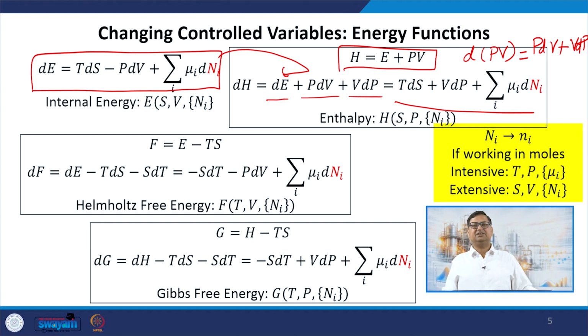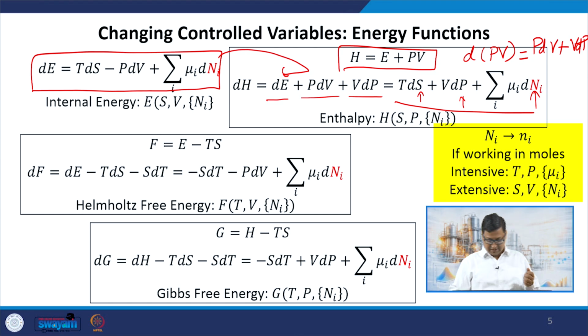And what has happened here? Now, the independent variables are entropy, pressure and number of molecules. Volume is no longer an independent variable here. Now, the pressure is an independent variable. That means I have the ability to control the pressure in the system, right.